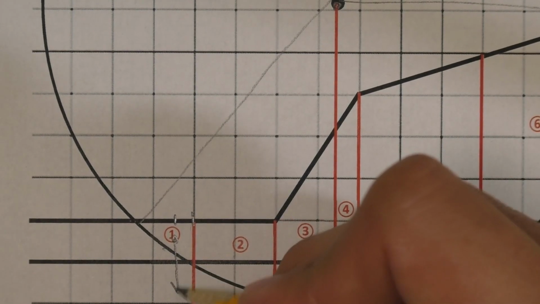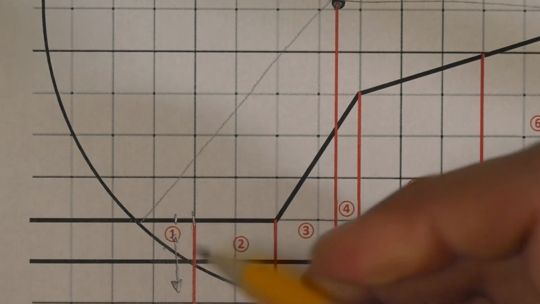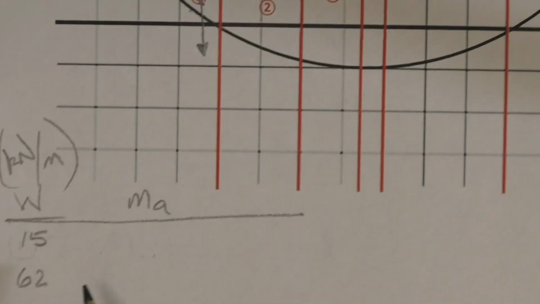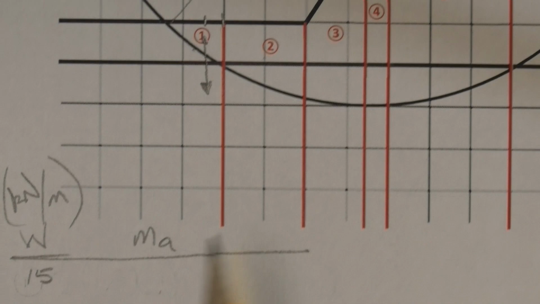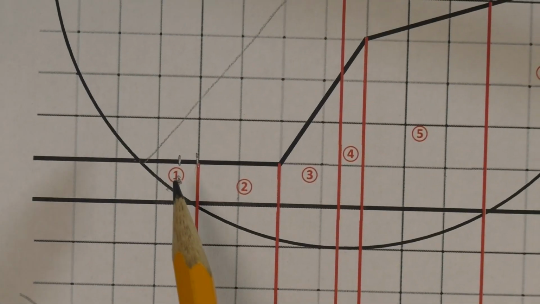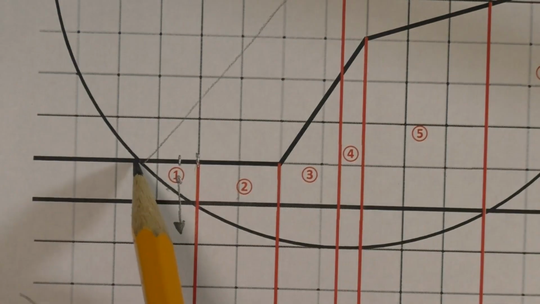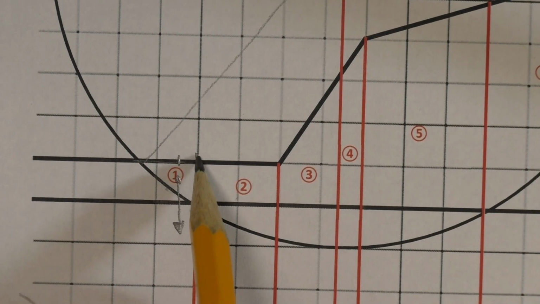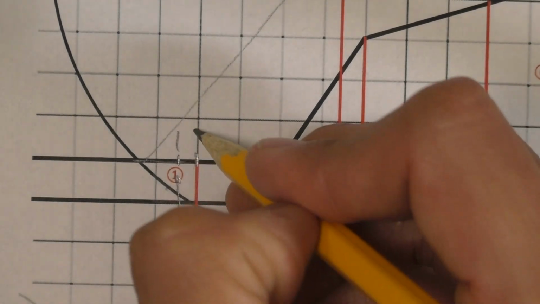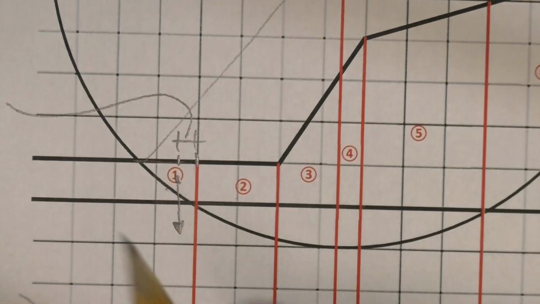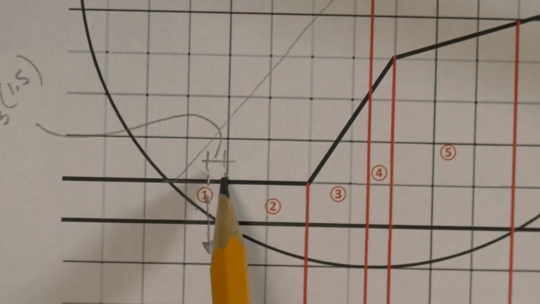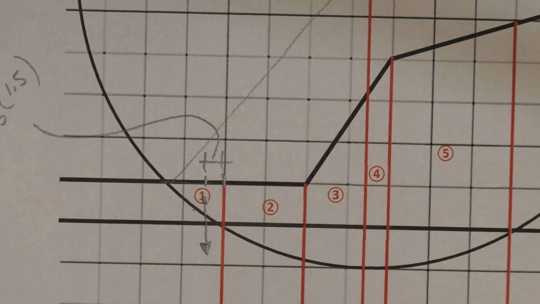And so we can draw an arrow to denote this weight, this 15 right here. This 15 is the weight of the slice, and it acts at the centroid, which is 1/3 of this distance from this point. So this right here is a third of 1.5, because this is 1.5 according to us, right?